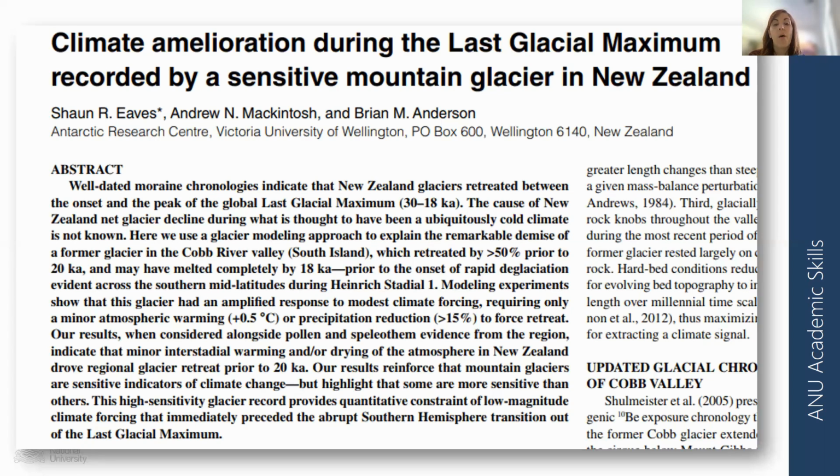And then that final sentence is about the wider implications, about the southern hemisphere transition out of the last glacial maximum. It's getting quite wide and broad, the way they're tying their results and their meaning to that bigger picture view, framing the implications of their findings.